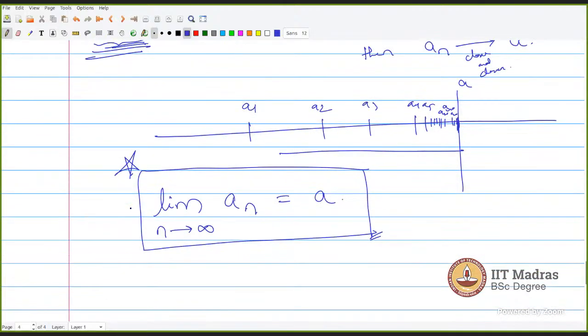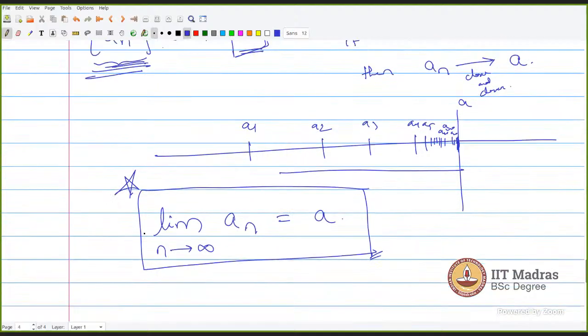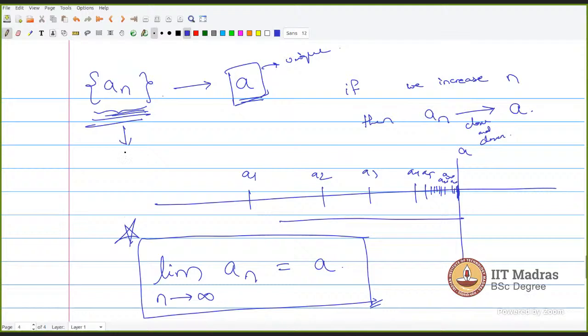This is the limit of a sequence. If this is happening, these types of sequences are called convergent sequences. So remember the name, convergent sequence. Convergent sequence means that particular sequence has a limit value.